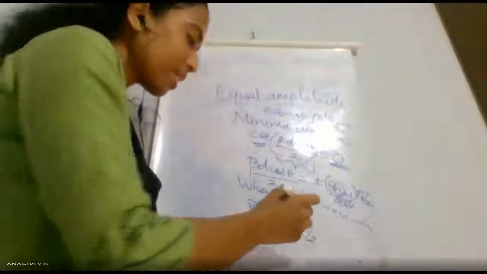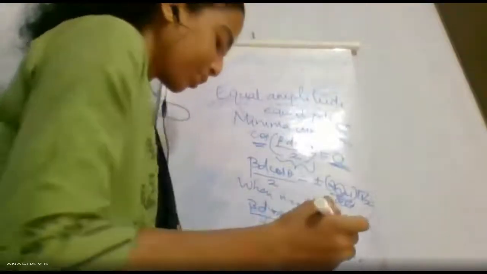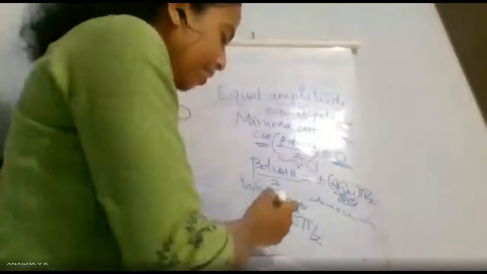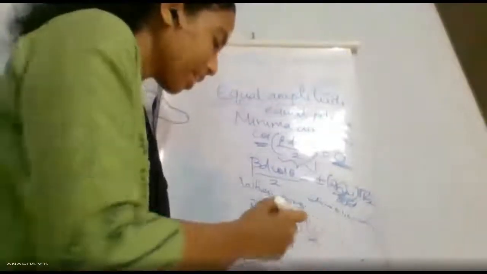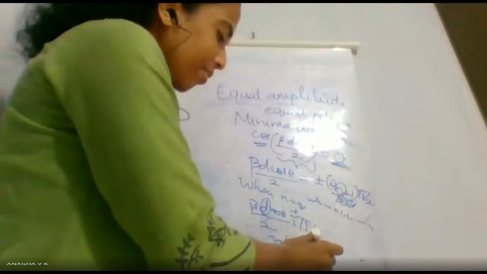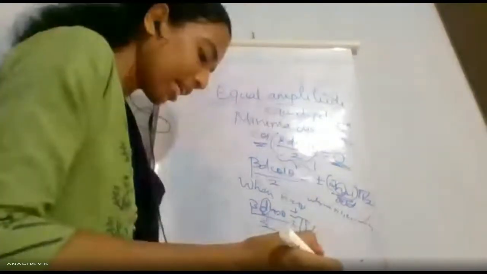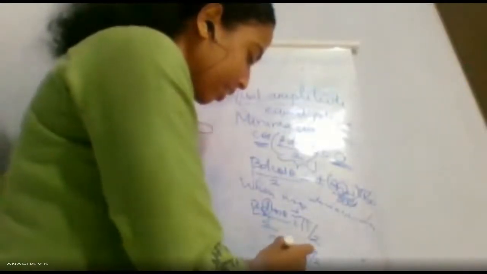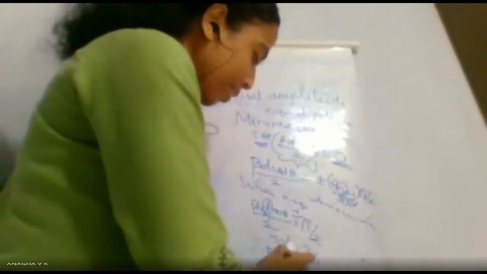So plus or minus pi by 2 is obtained. What is d? We assume d as lambda by 2. Therefore, what is beta d cos theta by 2?